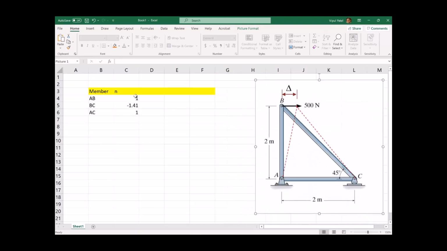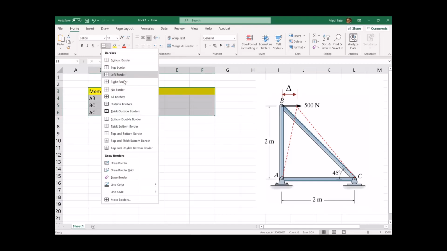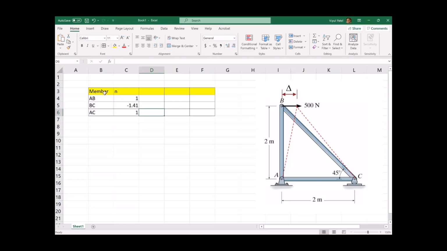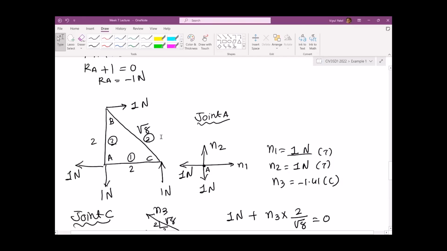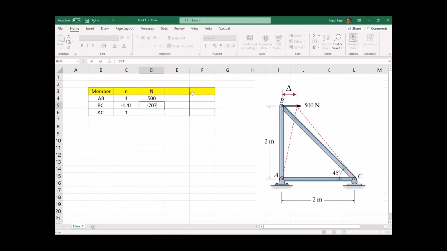Okay, so this capital N is done. Let's put it in the center. Capital N, AB. I remember that was 500 positive. This one minus 707, I think, is what we calculated. Let me check. Minus 707. And then your AC is 500 again, right?